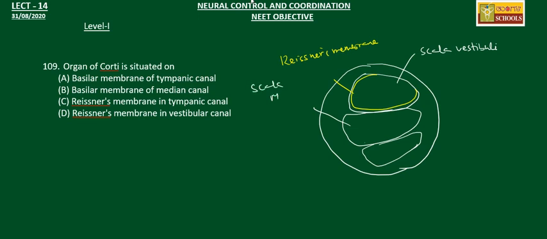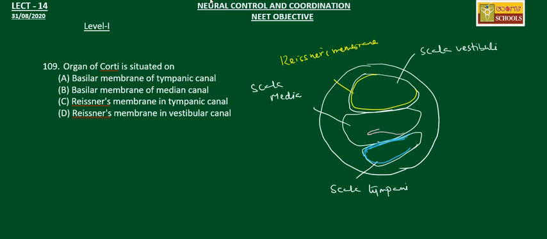We have a scala media, and below that it is scala tympani, and here it's lined with the basilar membrane. So we have here the basilar membrane, and located on this basilar membrane is the organ of Corti.